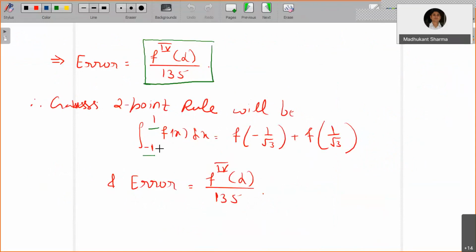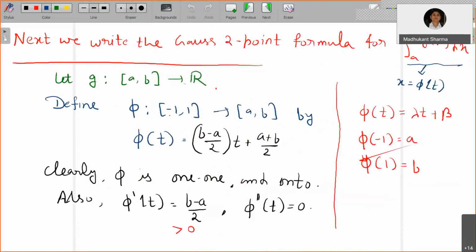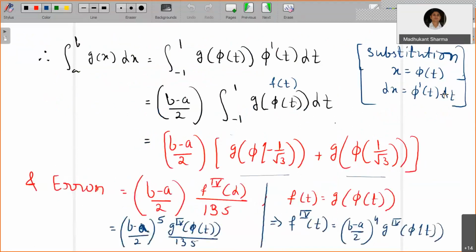So we wish to write a general formula for integration a to b of g of x dx, or f of x dx. You can replace it by this. Here we are going to make a careful substitution of x equals phi of t, so that whenever x lies between a and b, t lies between -1 and 1. It is like substitution in cylindrical or polar coordinates, where you change the limits.